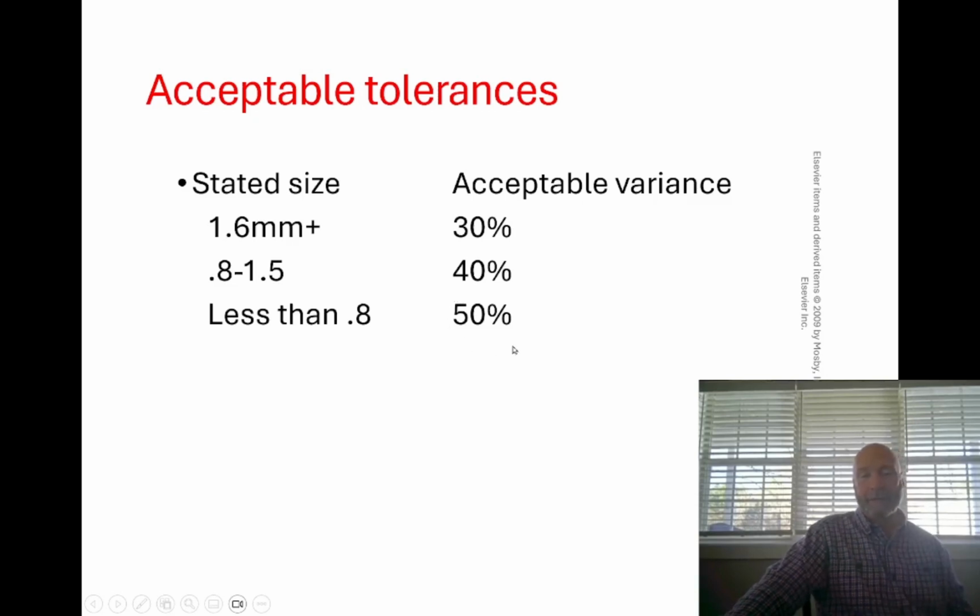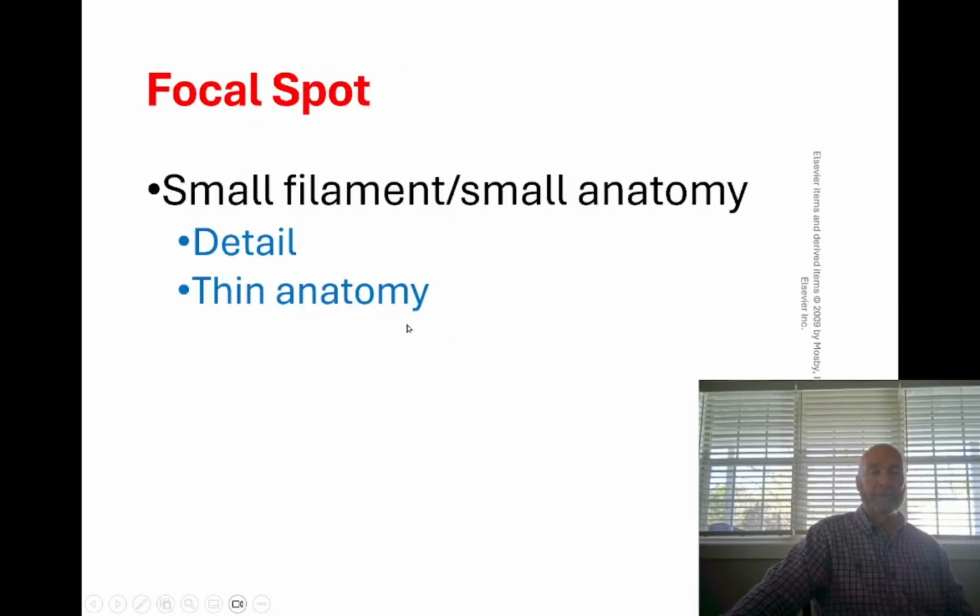It seems like it'd be the other way around, but it just is tough to maintain the stream of electrons into a tight formation to strike in just the perfect place on the anode, the smaller the focal spots get. So that's why you have more leniency with a smaller focal spot size.